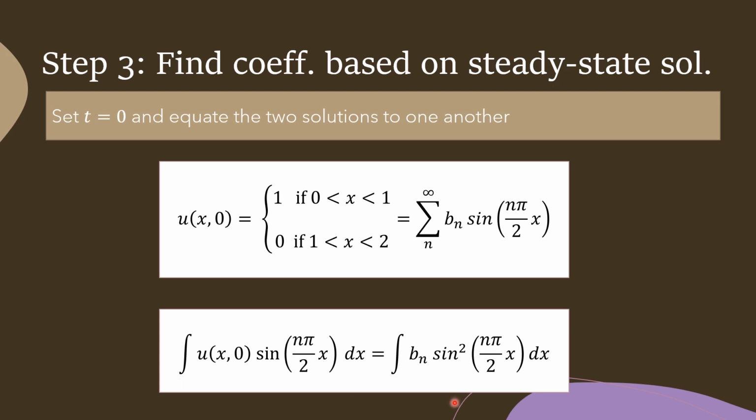When you integrate both sides, you have an integral sign here, and u(x,0). I just retain u(x,0) because this value is going to change depending on your region of interest. And here you have sin(n pi x over 2), and on the right hand side you have Bn as usual. The summation sign is going to be cancelled out due to the n equals m condition, and then you have a sine squared. So now you need to solve these two sides in order to find what is Bn.